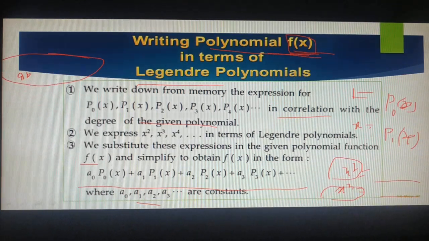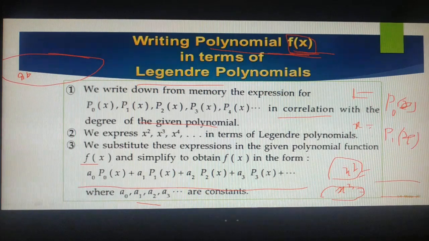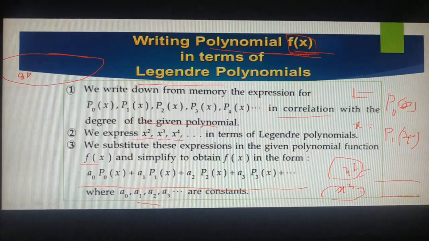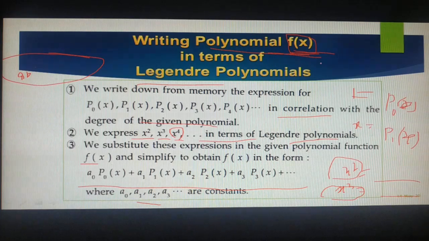This is compulsory, because without expressing x square and x cube in terms of Legendre's polynomials, we can't represent our given regular polynomial in terms of Legendre polynomials. They may also ask x to the power of 4, but it's not required.